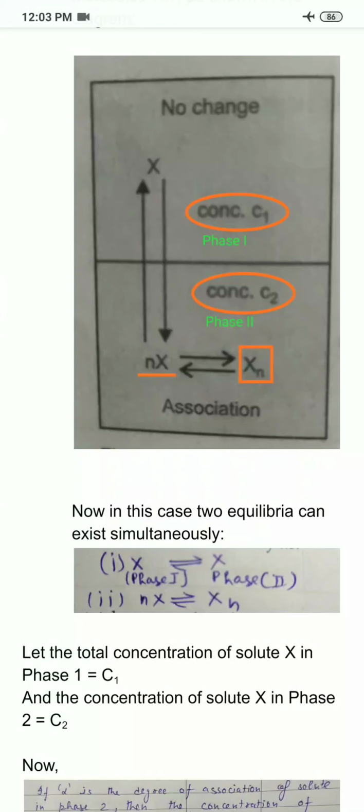Here Xn means X represents solute molecules and n represents the number of molecules of solute which are combining with each other. So we can say that solute has undergone association.